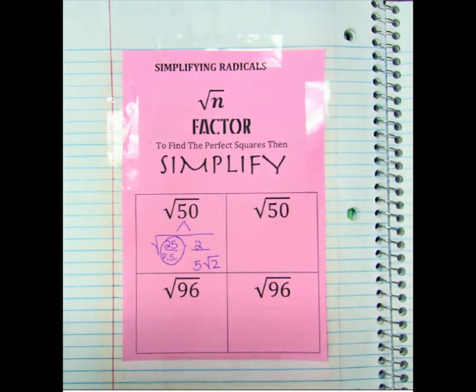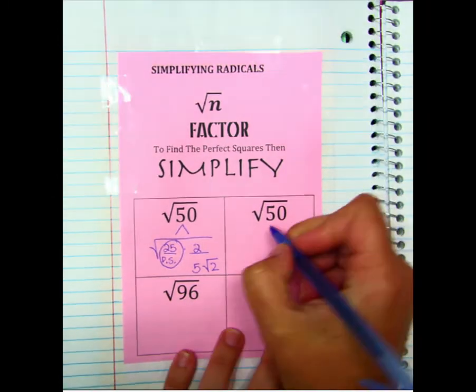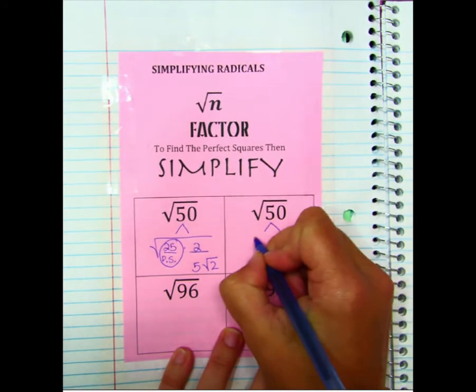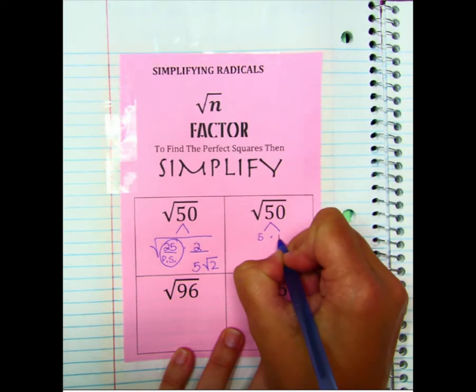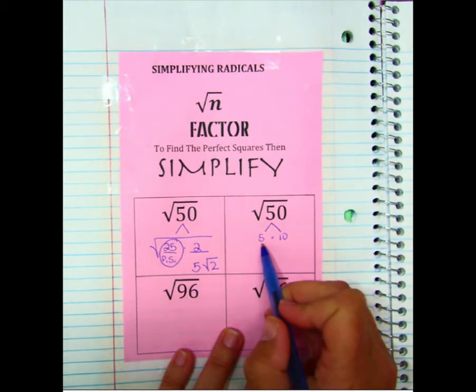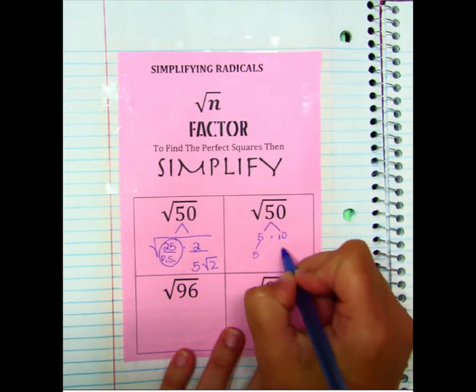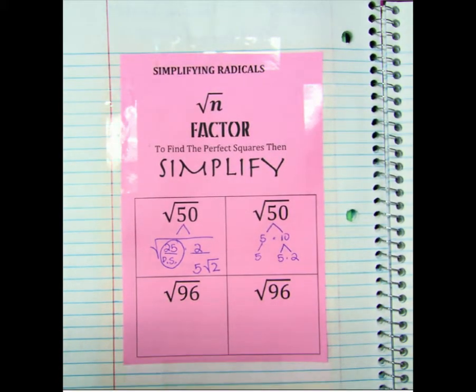Now another way to think about it, if you're not good with your perfect squares, we can break this down into prime numbers. So 50 might break up into 5 times 10. All right, and 5 is a prime number, but 10 could be written as 5 times 2. And now I have all prime numbers.